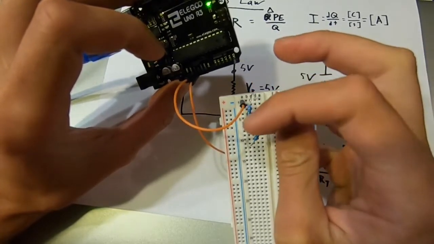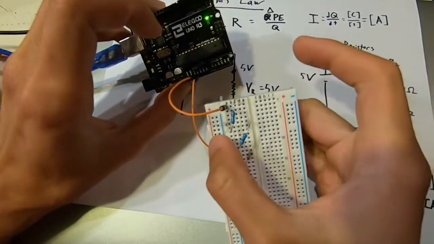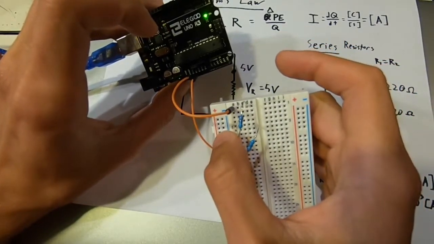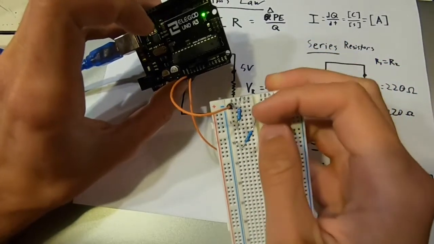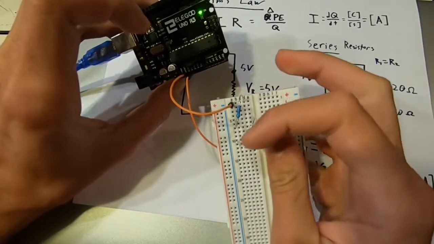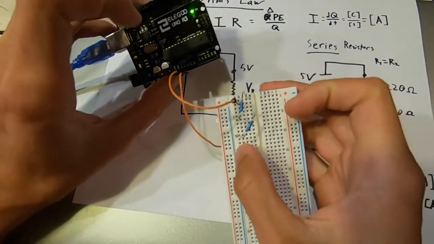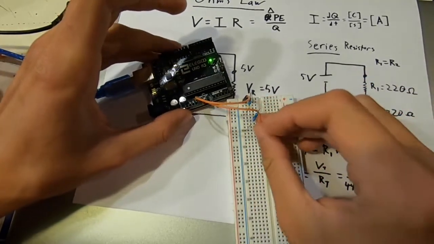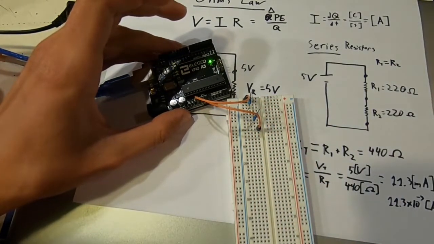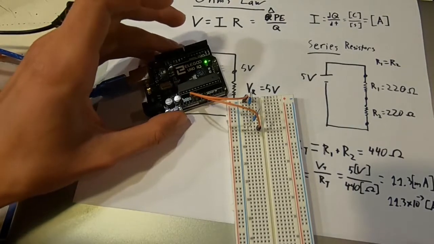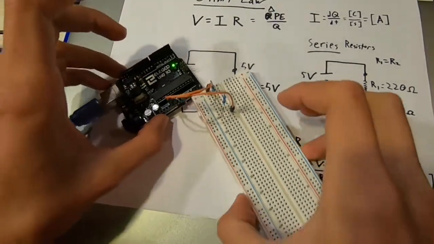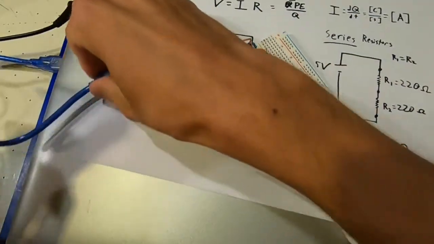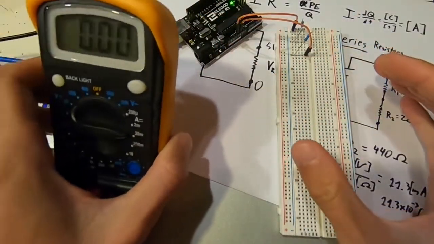So that current is going to travel through the resistor to our row 5. It's going to go across to this node of this resistor, go across it, and then end up at our node 10, and then be completed with our ground, just like so. Okay. So then we can take our handy dandy voltmeter over here.